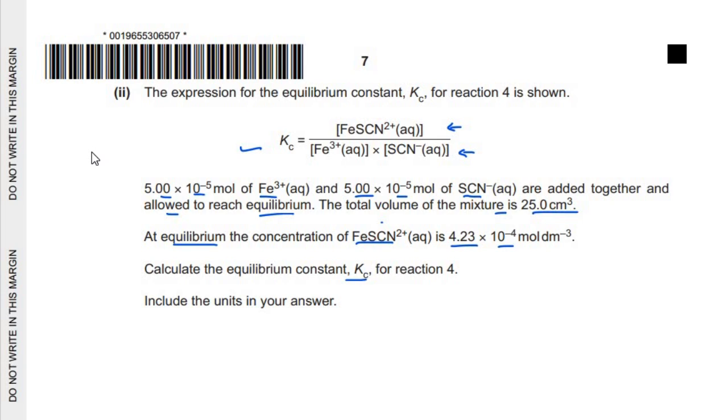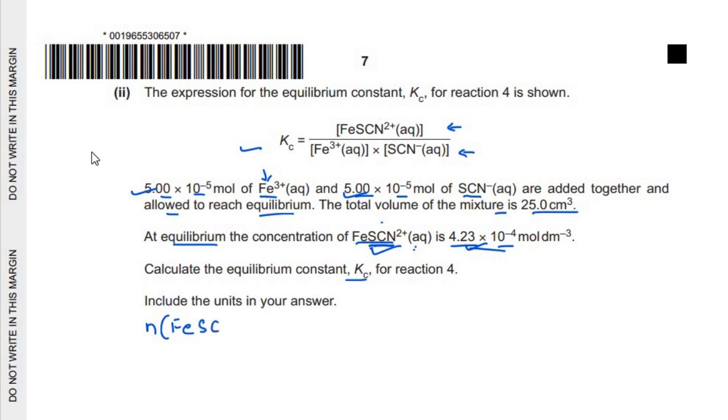We need to understand that the equilibrium concentration for the product is given, while the moles of the reactants are given, so we need to make them similar. What I prefer is to change the concentration to moles, so that we get all the values in moles. First, calculate the moles of the product, FeSCN2+.